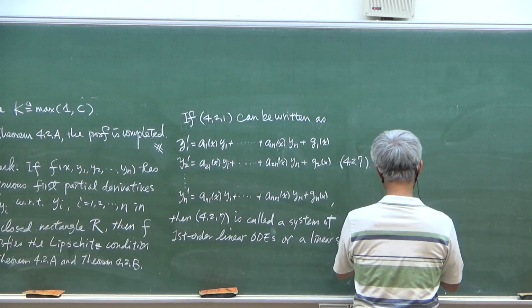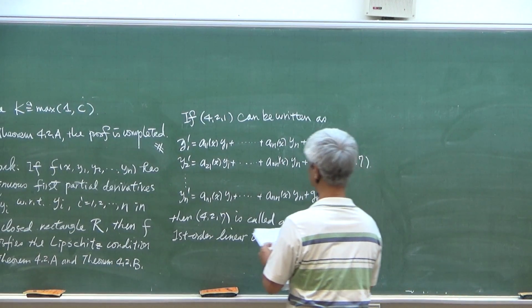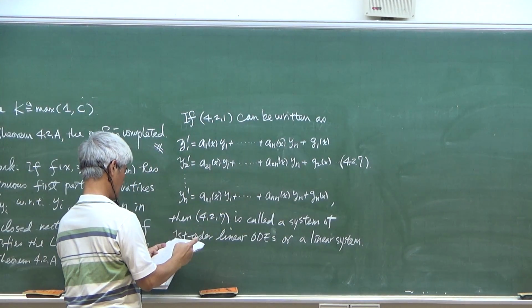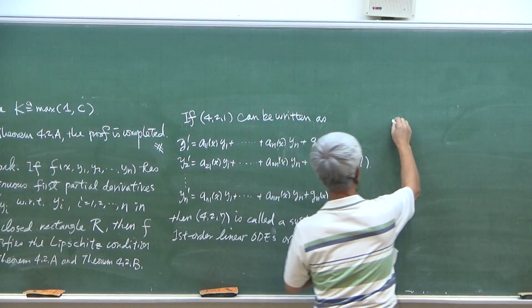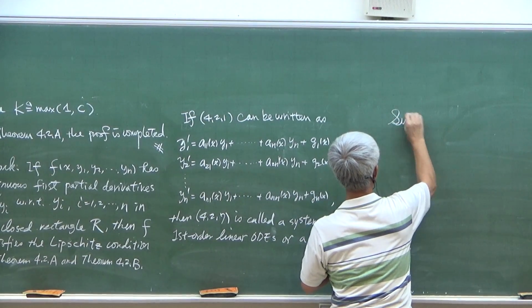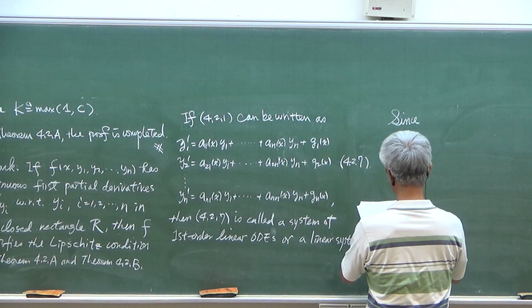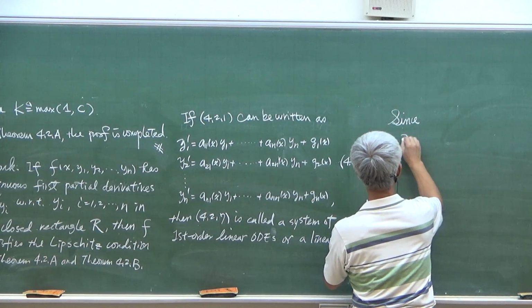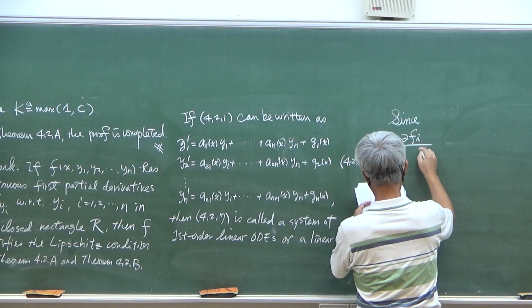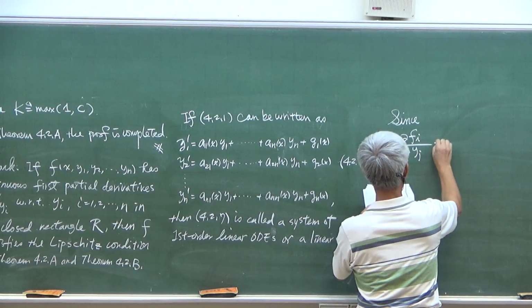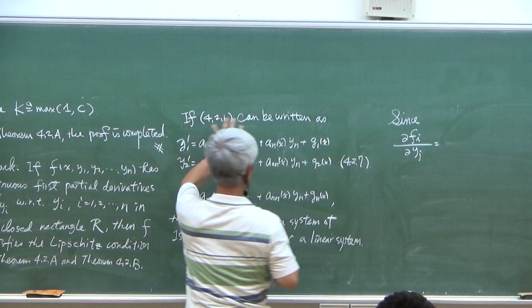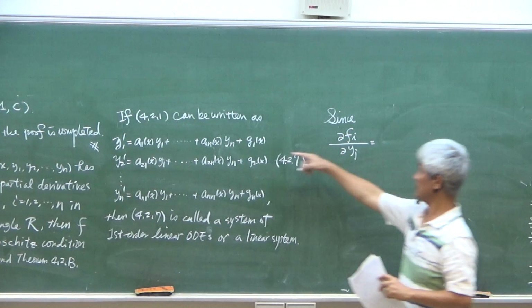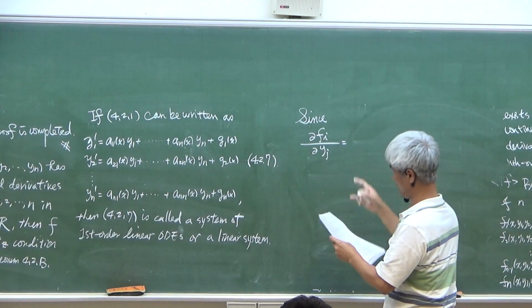If we look at all these systems, now we check the partial derivatives of fi with respect to yj.